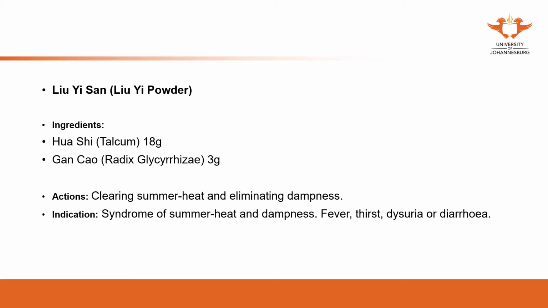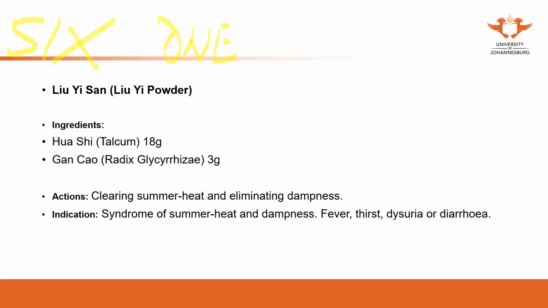六一散: 六 means 6, 一 means 1. So the title of this formula already describes the ratio of the ingredients. There are 2 ingredients in this formula, 滑石 and 甘草. The ratio between 滑石 and 甘草 is 6:1.